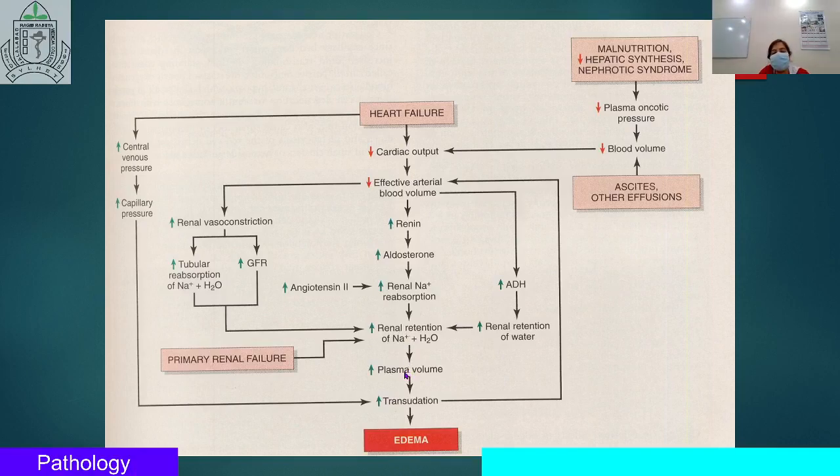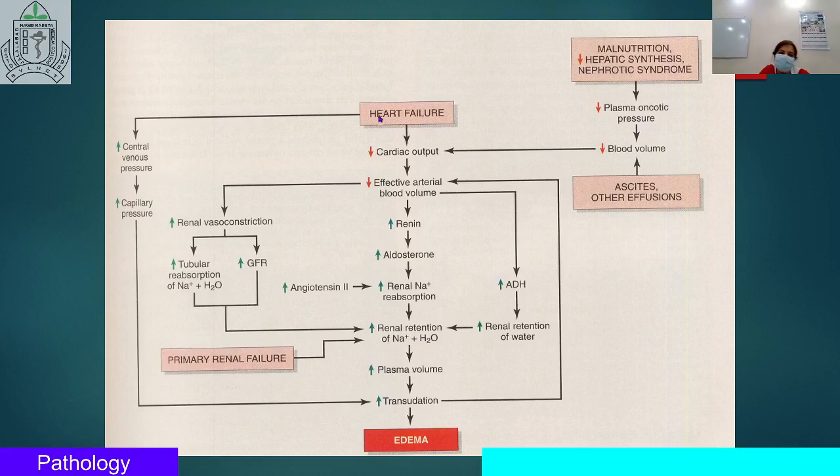Ultimately, there is increased plasma volume, increased hydrostatic pressure, and edema. The effect of the third point, renal vasoconstriction, also causes tubular reabsorption of sodium and water, and increased GFR. Ultimately, there is renal retention of salt and water.